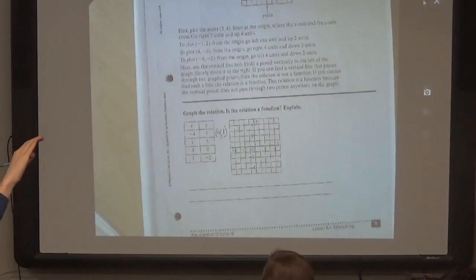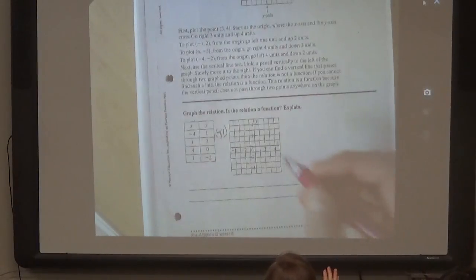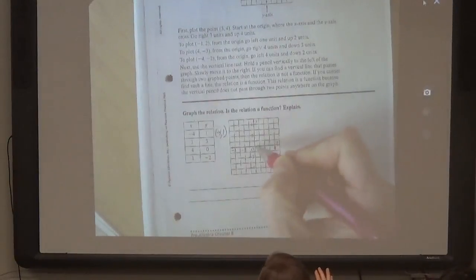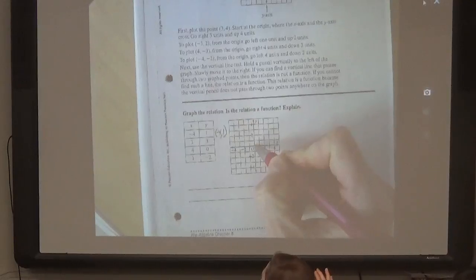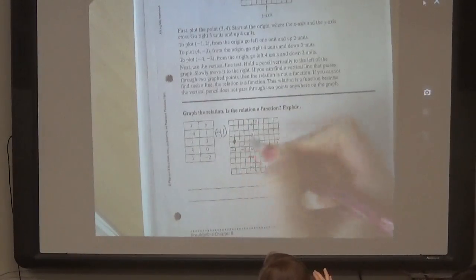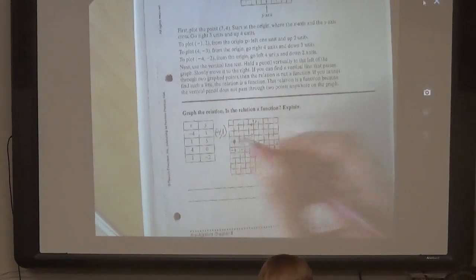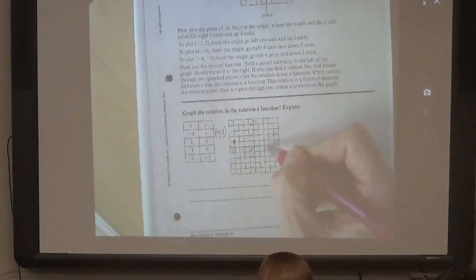How would you graph that first? The first one. Kaden? You go over to the left, -4. Good. And then you go up 1. The first number, the x value, tells you always how far to go either right or left.